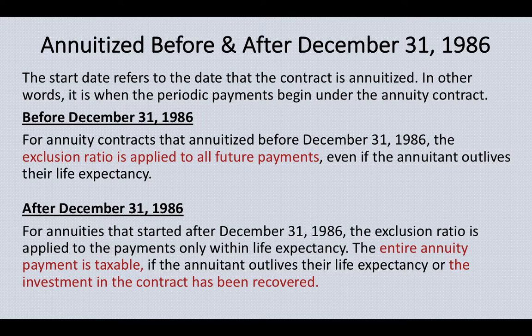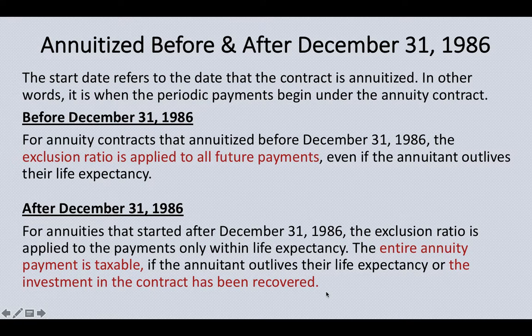your annuitization was after 1986, the exclusion ratio is applied to the payment only within life expectancy. The entire annuity payment is taxable if the annuitant outlives the life expectancy or the investment in the contract has been recovered.